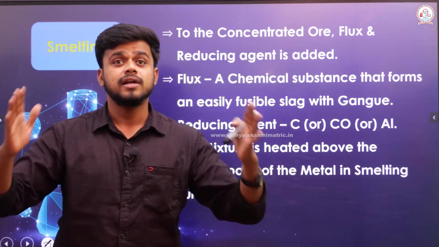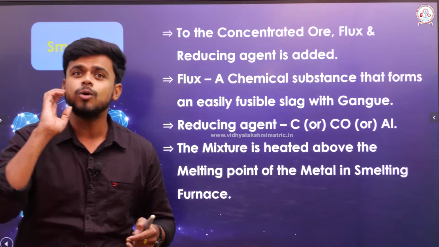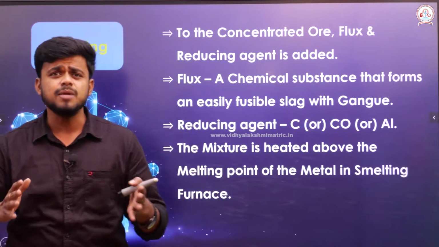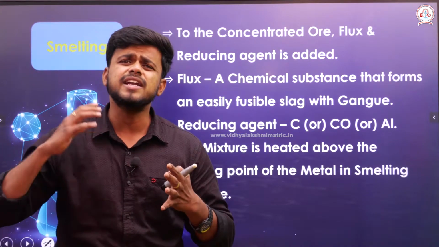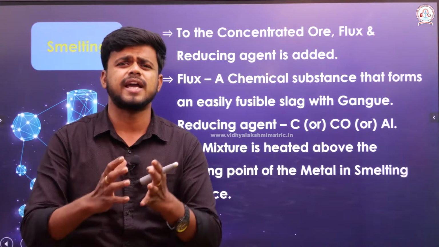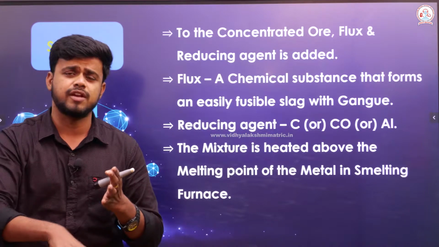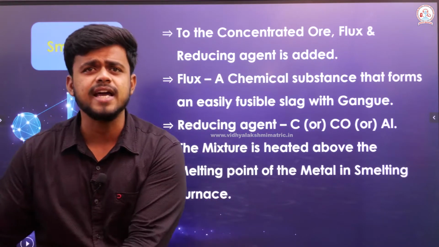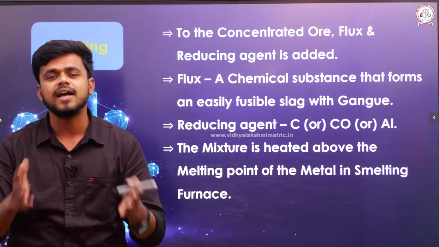We know that the impurities present in the ore are called gangue. So, the flux is a chemical substance which is widely used to remove the gangue present in the ore itself. The flux is the one which takes up the gangue and goes as slag.